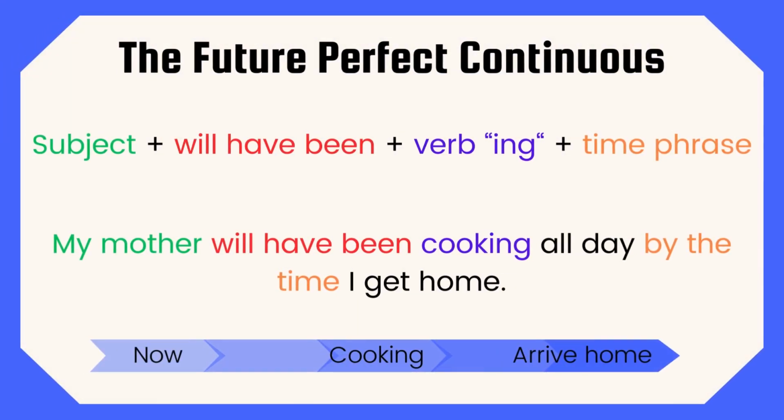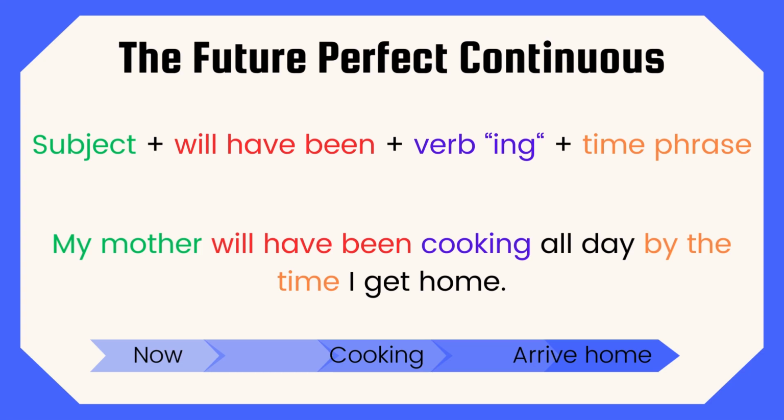The future perfect continuous tense is used for an action that will have been ongoing for a certain amount of time before the next action happens. So we use the subject, we use will have been, and then we use an ing verb or a present participle, and then we use a time phrase.